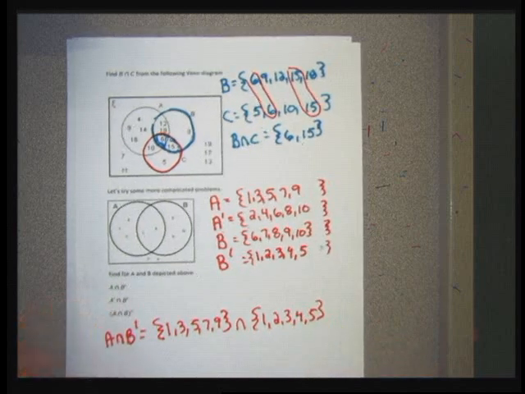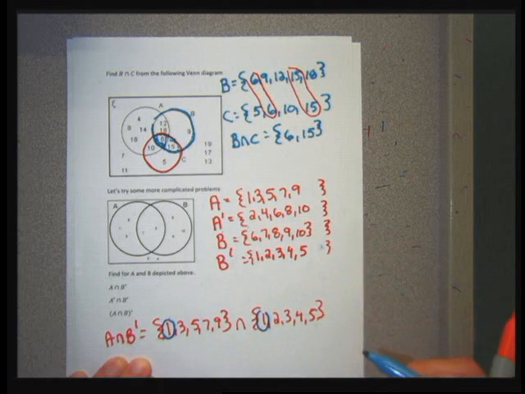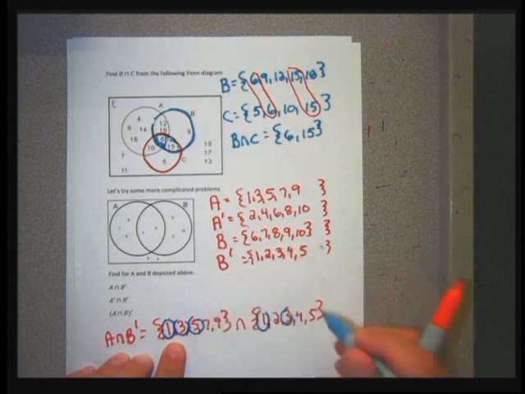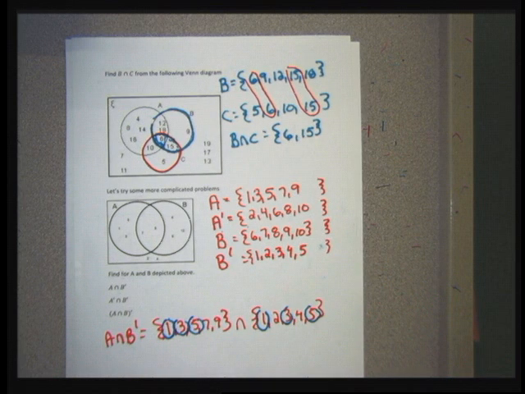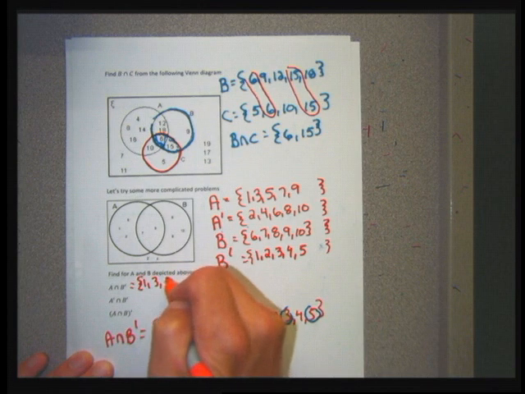And if I want to intersect those 2 sets, I see what they have in common. I see a 1 in both sets. I see a 3 in both sets. And I see a 5 in both sets. So A intersection B complement is the numbers 1, 3, and 5.